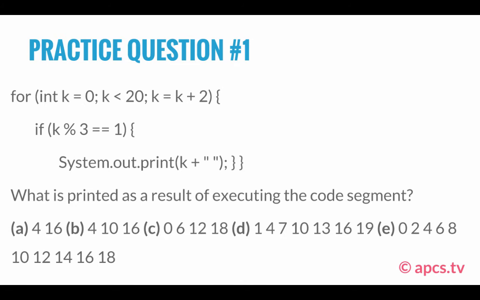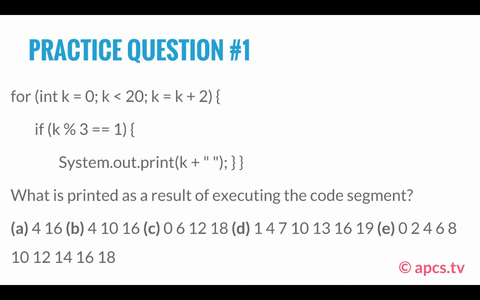So hence 6 modulus 3 equals 1 is false. So then the iteration of this for loop completes, and then we increase the value of k again. And similarly, this goes on. k's value becomes 8, 10, 12, 14, 16, and 18. And that's when the loop ends.